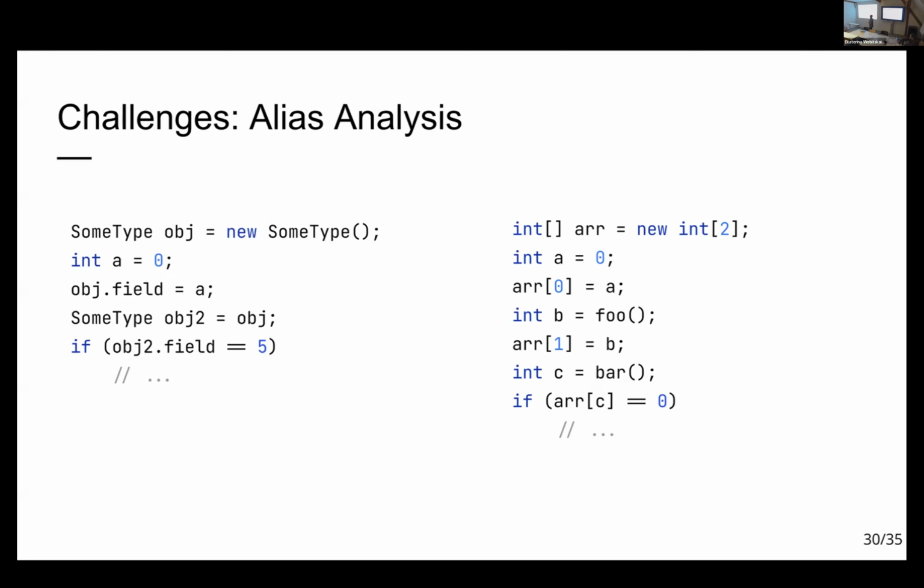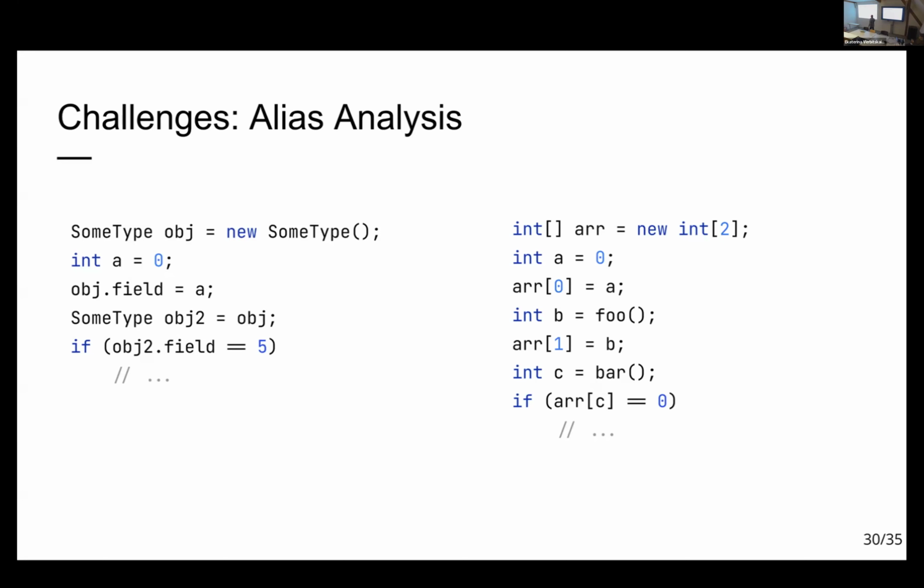However, after we are assigning obj to obj2 and checking this condition, it is not obvious whether obj2 is pointing to the same memory, and whether obj2.field is primitive dependent, and we need to check it. We need to understand that after assignment, all primitive dependency is moving to the new object as well.